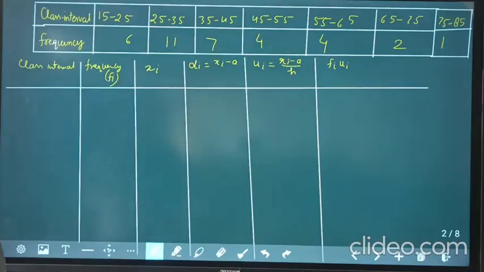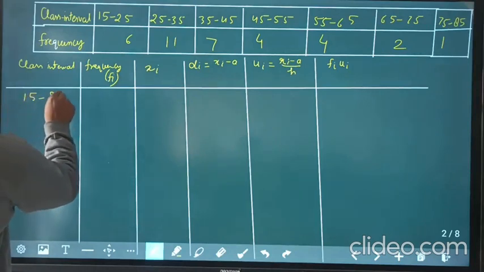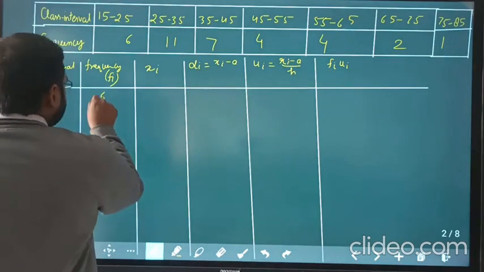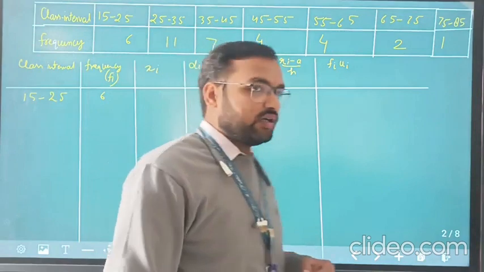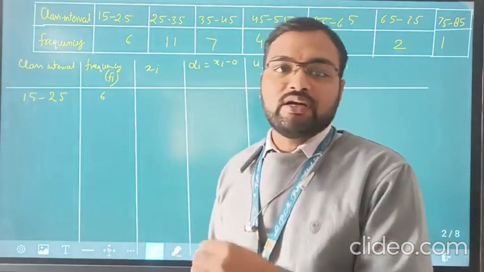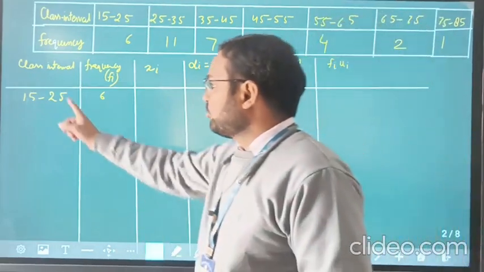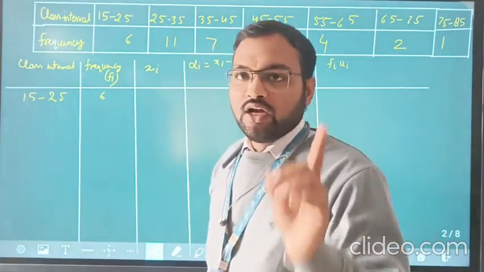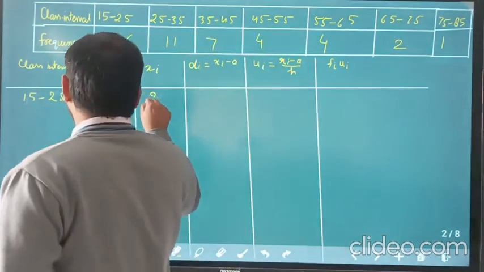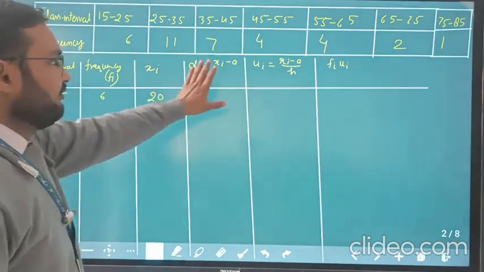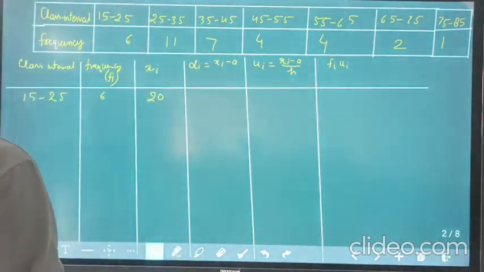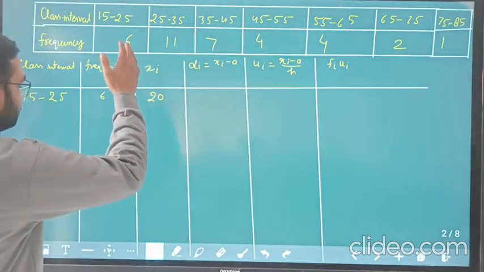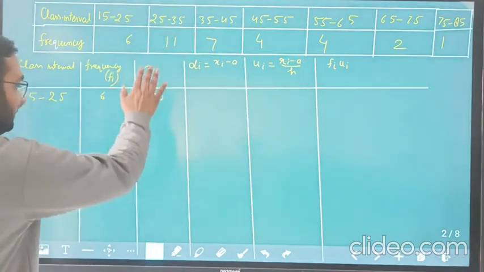The class interval given is 15 to 25 with the frequency 6, and the value of xi, as we know, xi is the average of the limits, that means upper limit plus lower limit divided by 2. 25 plus 15 is 40, 40 divided by 2 will be 20. We will fill in the remaining part after some time. First of all, we will use this table to complete this part only.